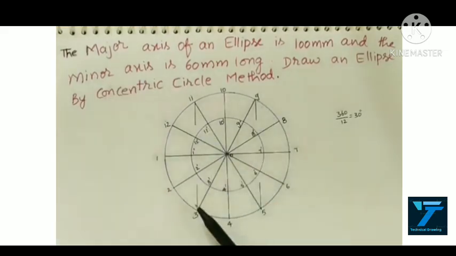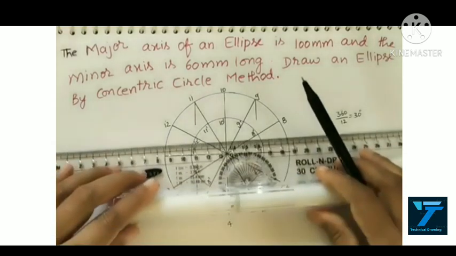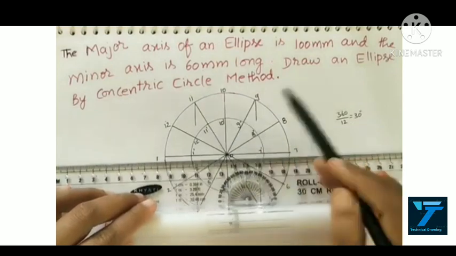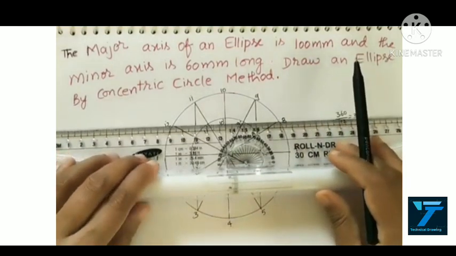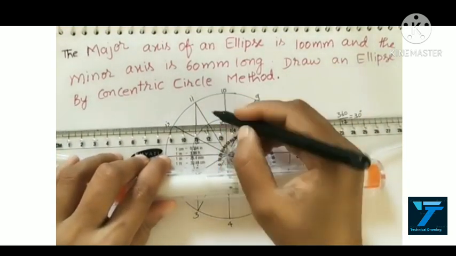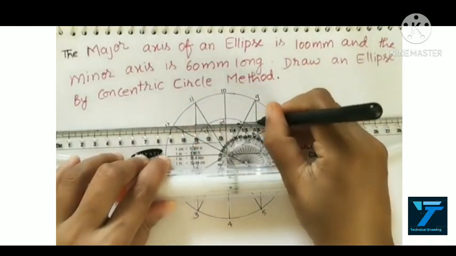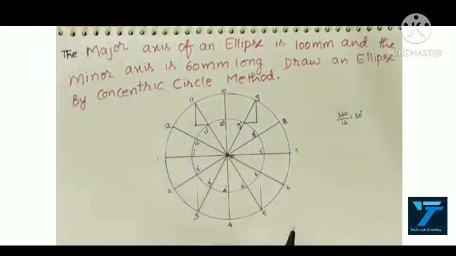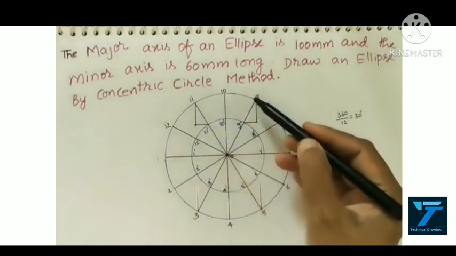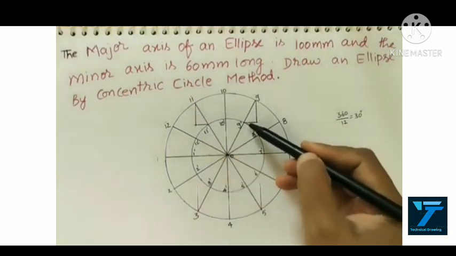After getting these vertical lines from the outer points, draw the horizontal line from the inner points. Here, 9 dash and 11 dash, draw the horizontal line and extend these lines up to this vertical line. From outer points we drew vertical lines, from inner points horizontal lines.